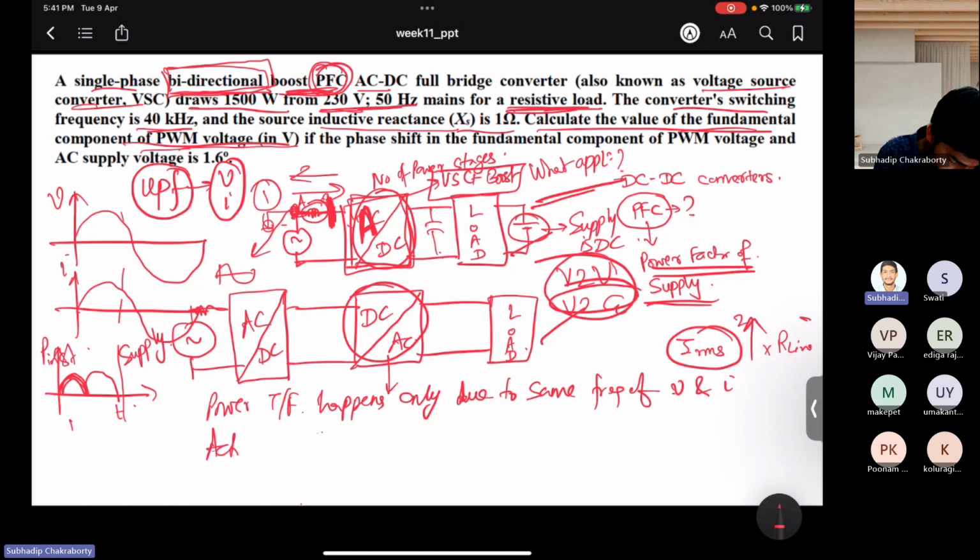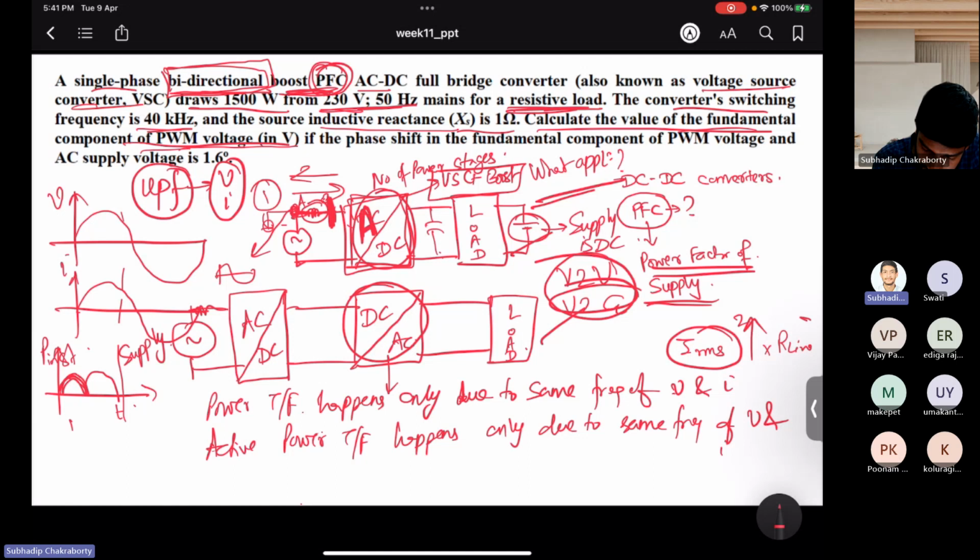So active power transfer happens only due to same frequency of V and in-phase component of I, because that is the definition of active power, V and in-phase component of I, because it should not have any shift.